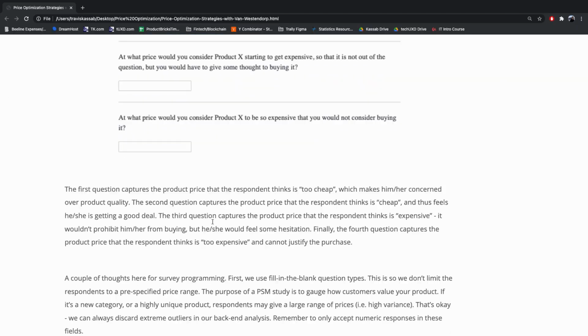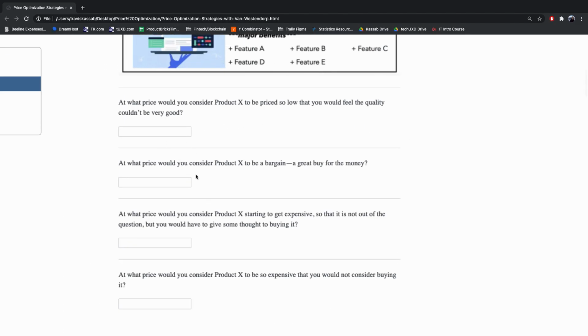So I'll let the respondent put any numbers they want into these fields, and if the condition is not met in my back end analysis, then I discard those respondents, because, well, if they didn't meet that condition, then they probably weren't paying attention anyway to the answer choices they were giving. So this will improve the data quality, and it will ensure that we meet that condition for PSM.